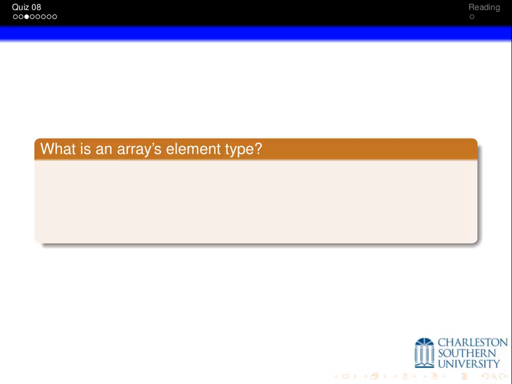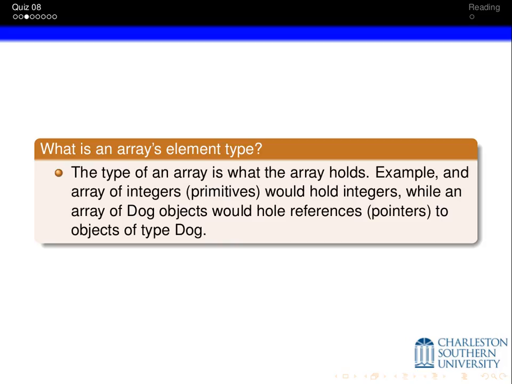What you're probably confusing is when we talk about inheritance, it may be a subtype of the type, but they're all of some parent type. So they're all integers or they're all objects. An array of primitive integers only holds integers. An array of dog type could hold references or pointers to objects of type dog.